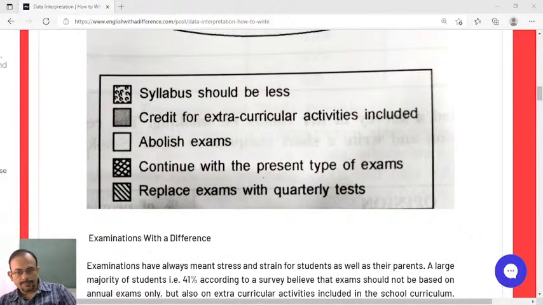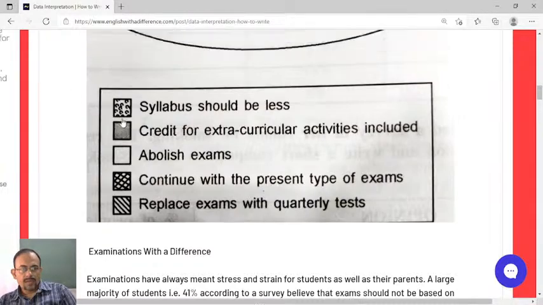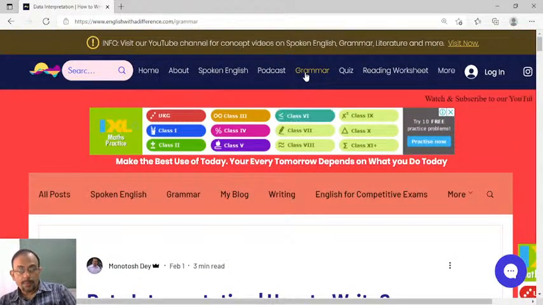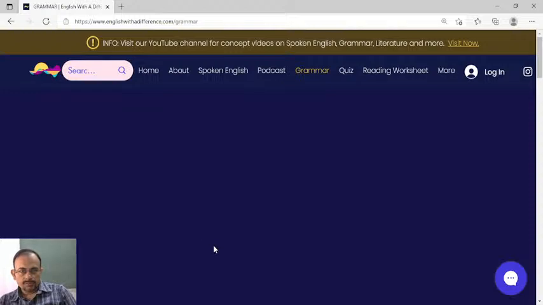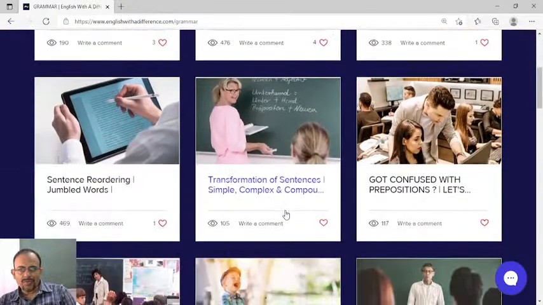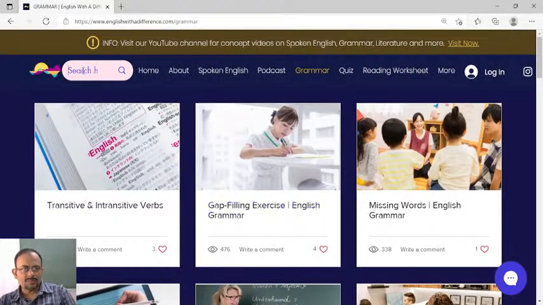So let's go to the grammar section now, that is the reported speech section. Just a kind of revision, dear students, because otherwise you might make mistakes.